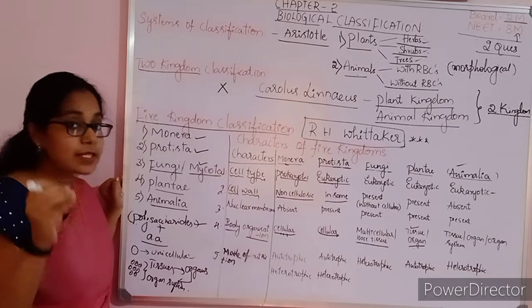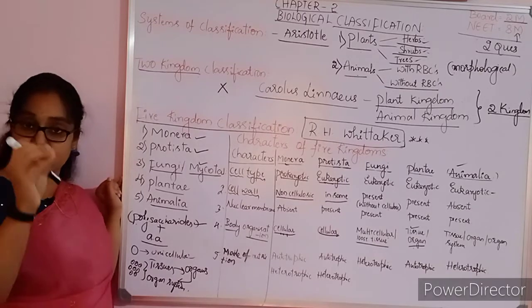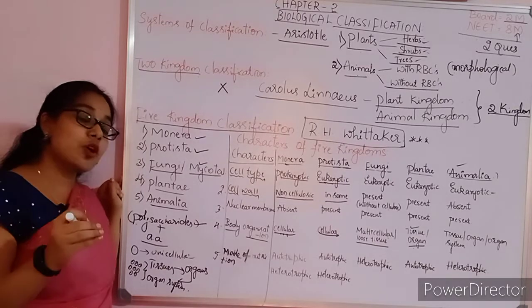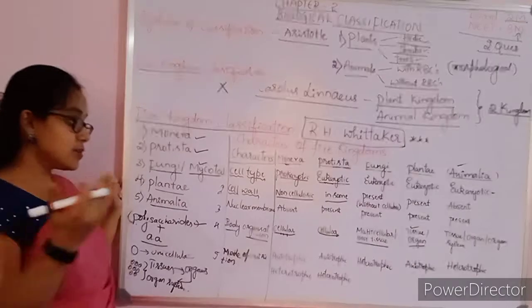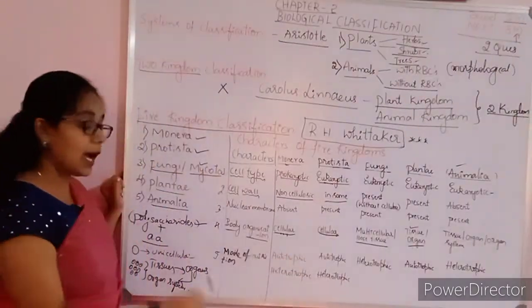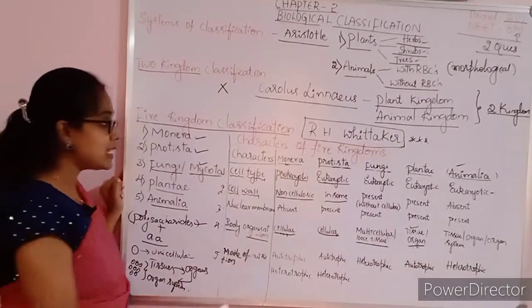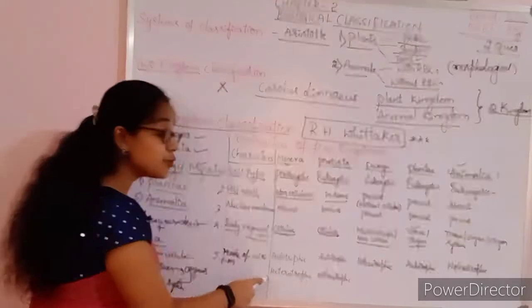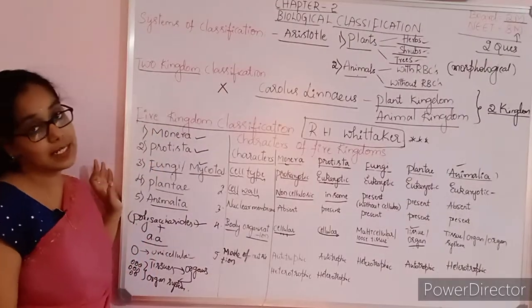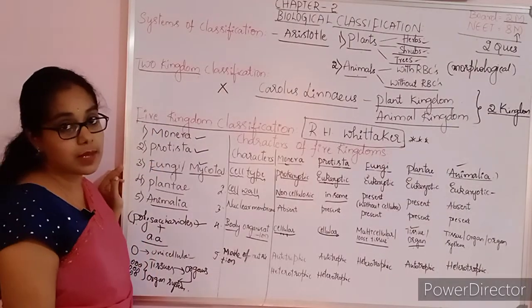If chlorophyll is present, that organism can synthesize food. So some are autotrophic, and a few organisms coming under Monera are heterotrophic, that means they depend upon other organisms.